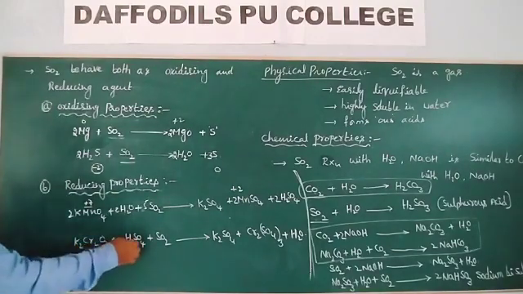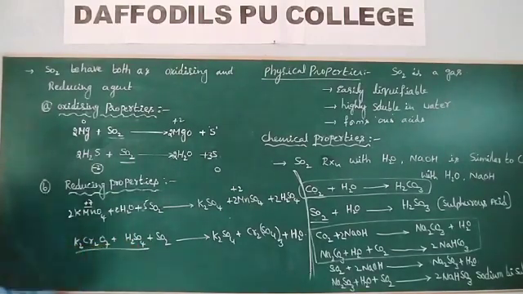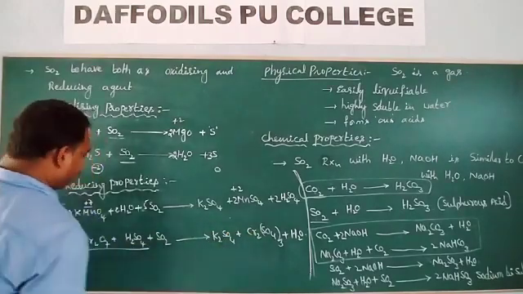The acidified potassium dichromate is reduced to chromium sulfate.